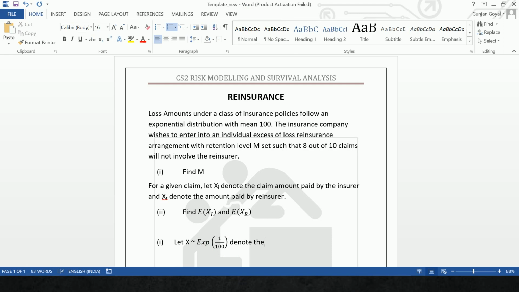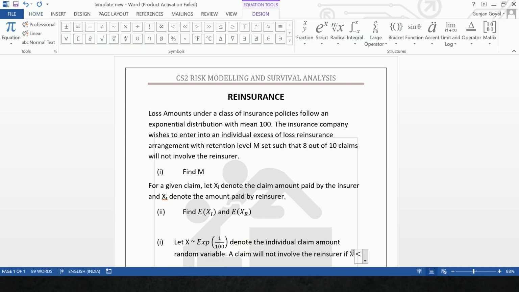Denote the individual claim amount random variable. A claim will not involve the reinsurer if X is less than or equal to M.